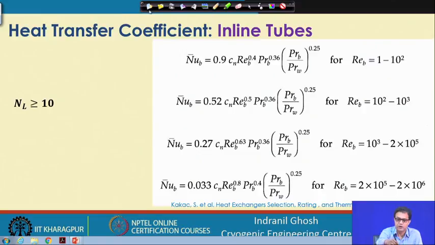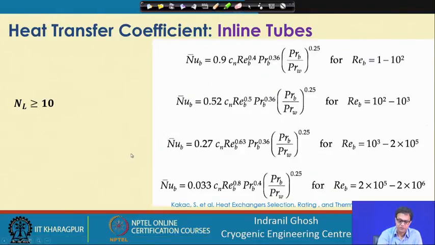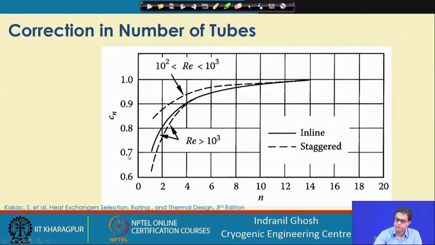We will come to that part later. Now let us look into the configuration where the tubes are arranged in staggered condition. Similarly, we have the heat transfer correlations given for the staggered condition.